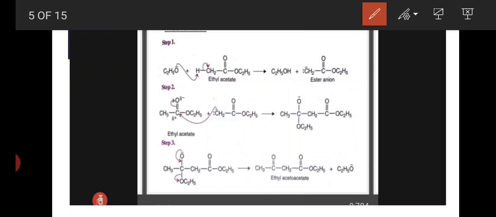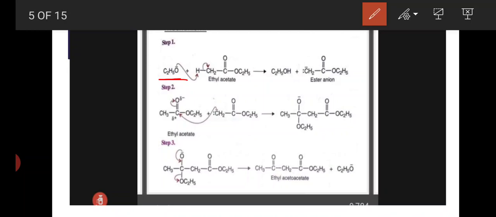Okay, here, mechanism. First, step 1. From sodium ethoxide, C2H5O minus is an ethoxide ion. This ethoxide is formed from sodium ethoxide. C2H5ONa exists as C2H5O minus and Na plus. So here the ethoxide ion removes one of the alpha hydrogens of ethyl acetate.